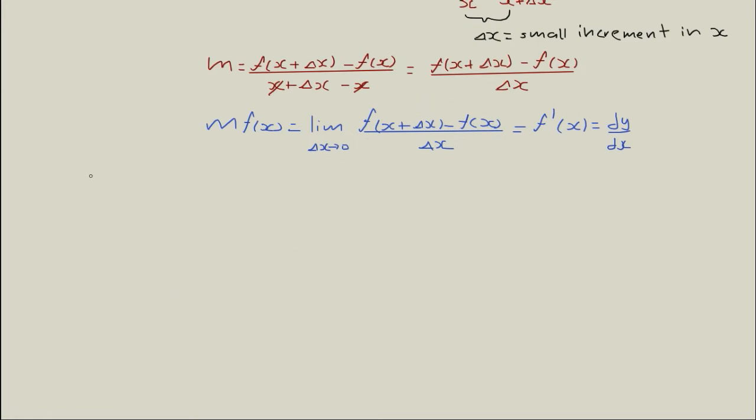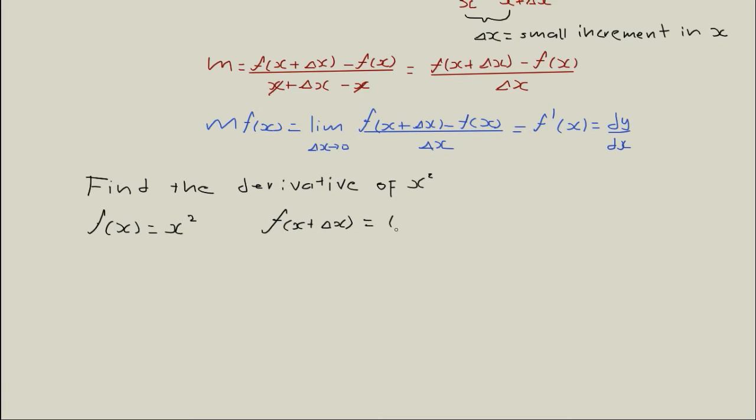Now that we know all of this, let's apply it. Let's try to find the derivative of our function. So f of x is just x squared, and we are going to obtain f of x plus delta x by replacing x plus delta x in the original function to get x plus delta x all squared.